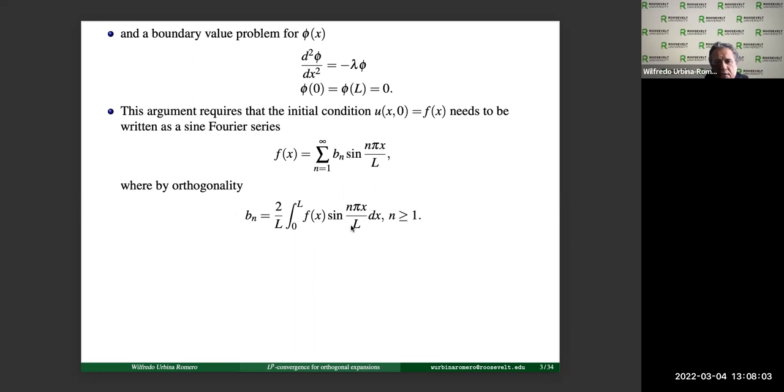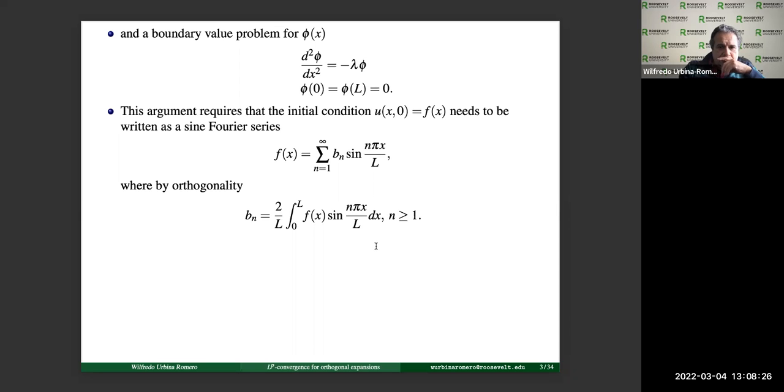And of course, this was, since the very beginning, very problematic, because big people like Laplace and others asked, well, which functions can be represented in this form? How do you know that your function can be represented in this form?